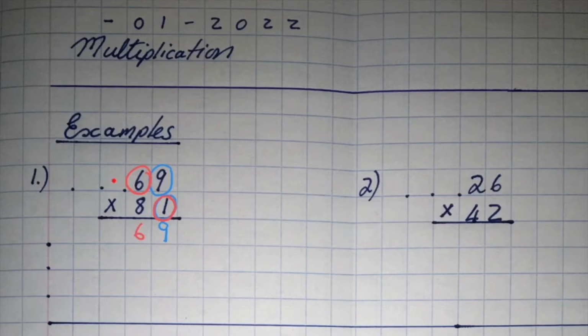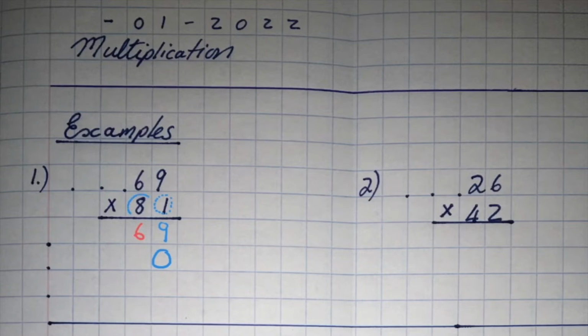There are no further numbers for the 1 to multiply, so the top line is done. In order to do the second line, notice that there is a 0 that is hiding underneath the 1. That 0 gets placed underneath the 9, and we start again.